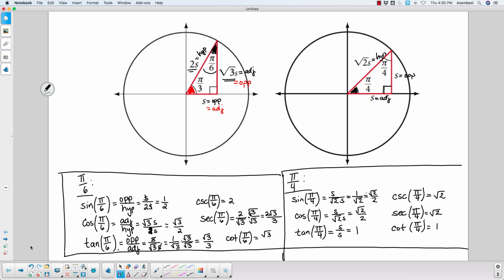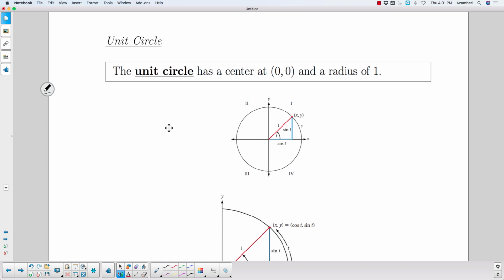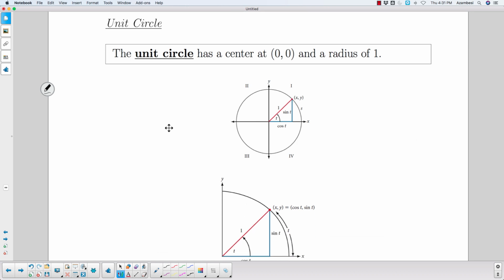Now, when we're talking about the unit circle, a unit circle has a center at 0, 0 and a radius of 1. So what that does, as far as the circle is concerned, is if you have an angle here, since the radius is 1, the s's simplify out.